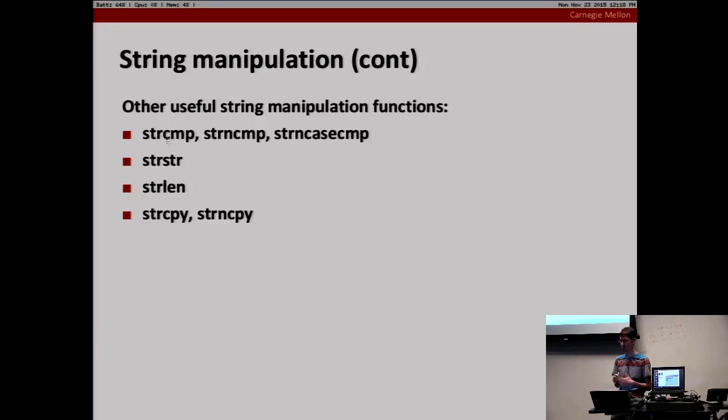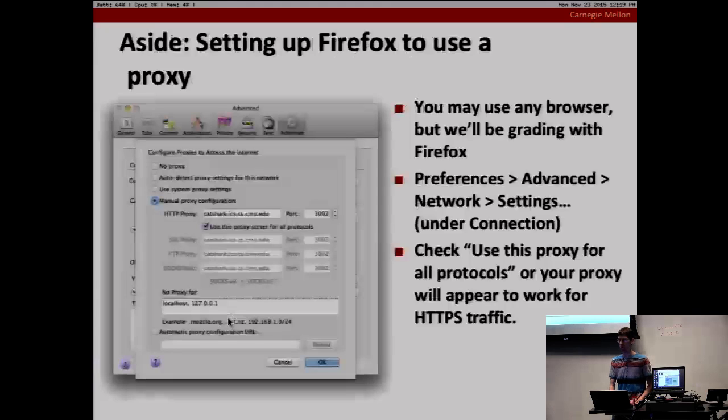If you remember in Attack Lab, that was what allowed you to write those attack strings: it would keep writing until it got to the end, and it didn't know how big the end was, but it was trying to fit into a constant length buffer. So these functions that take in the length are better, because then you can match it to the size of your buffer. String length and string copy might be useful to you too.